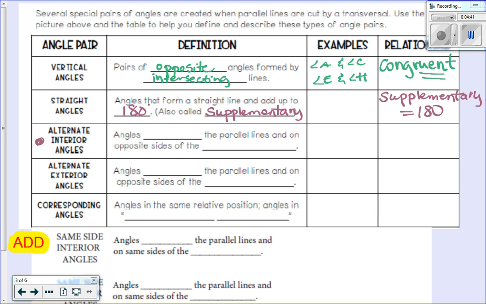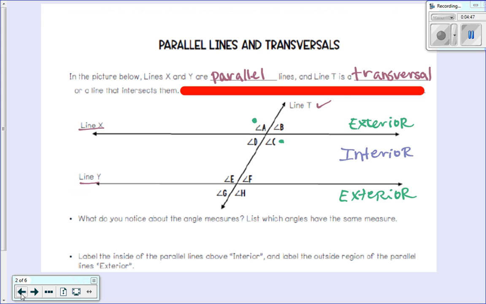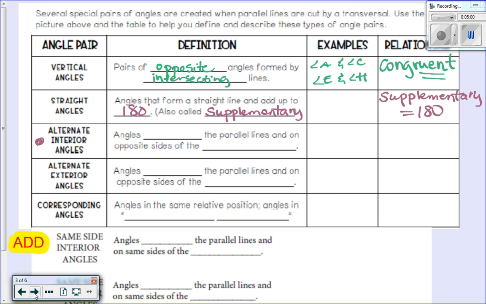Okay, so let's look at our picture and name a few supplementary angles. Good. A and B are supplementary, right? Let's put that down here: angle A and angle B. Are we good?